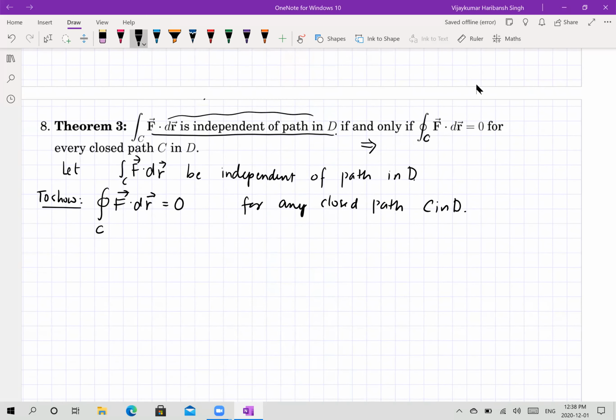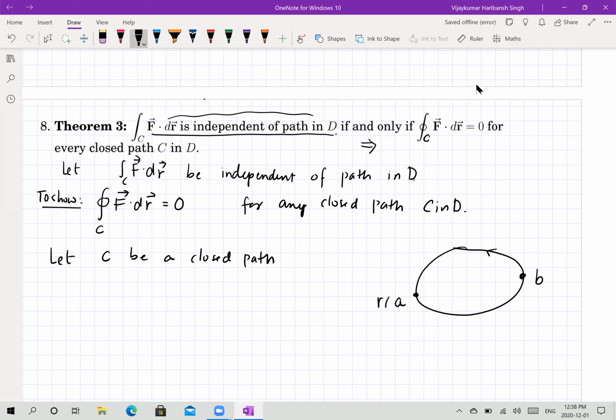Let C be a closed path. So we have C, which is a closed path. Take two points A and B, with position vectors r(A) and r(B). Let's call this part C1 and let's call this part C2.